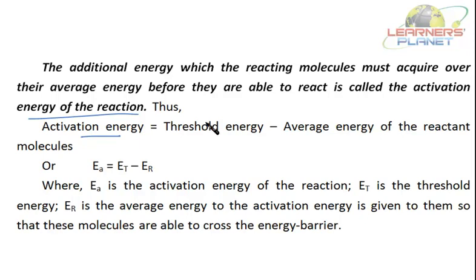Or activation energy is equal to threshold energy minus the average energy of the reactant molecules. In this case, EA is equal to ET minus ER. EA is the activation energy of the reaction. ET is the threshold energy, that is the minimum energy required for the reaction to proceed. ER is the average energy.